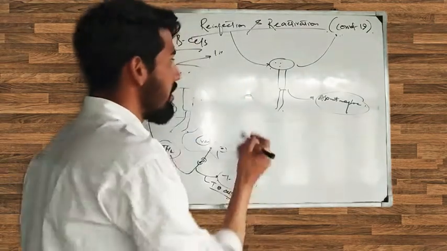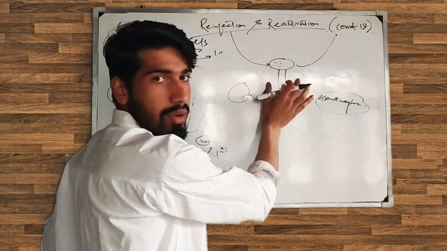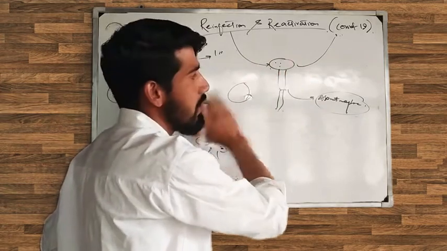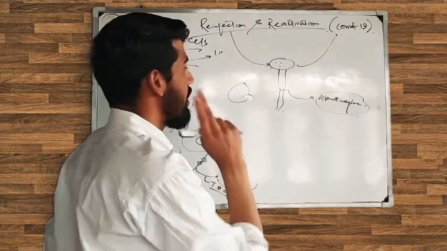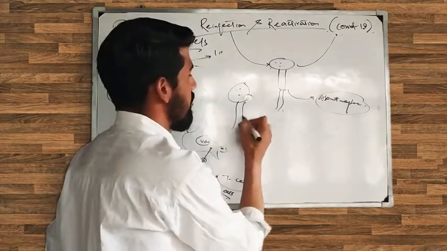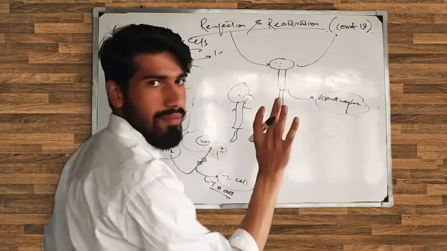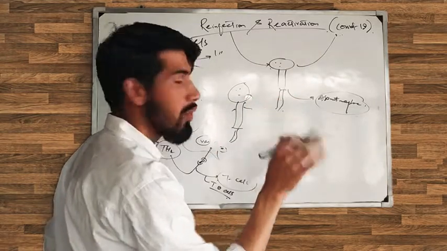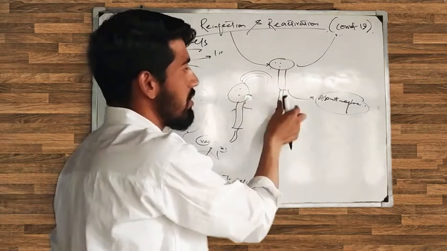Here is another person. Now this person is fit. It has no infection and no symptoms. But now, here is another person which is infected by COVID-19. Can this person transmit the disease to this person or not?